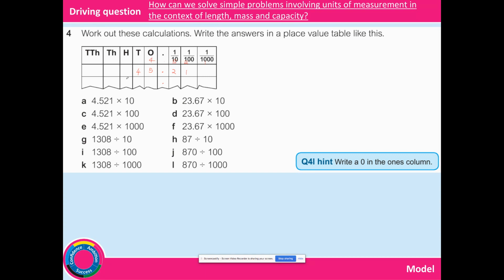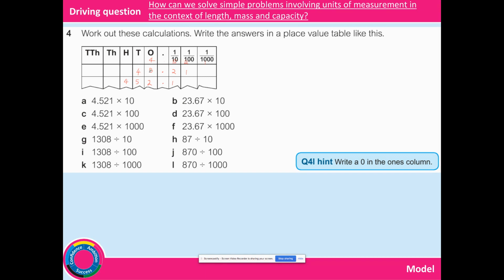So the 4 is now going to be over here in the hundreds column. The rest of the digits are just going to stay in the same order, but they've just moved along. So the 5 is going to go there, the 2 is going to go there, and the 1 is going to move up to the tenths column. The digits haven't changed at all. They've not moved around in order. They are just moving up the place value table.